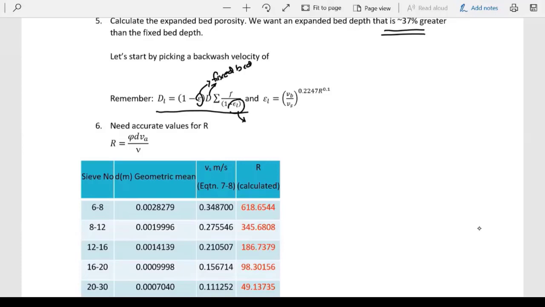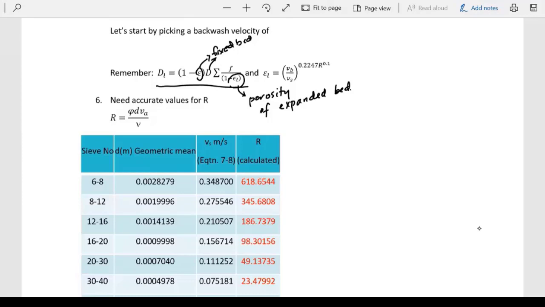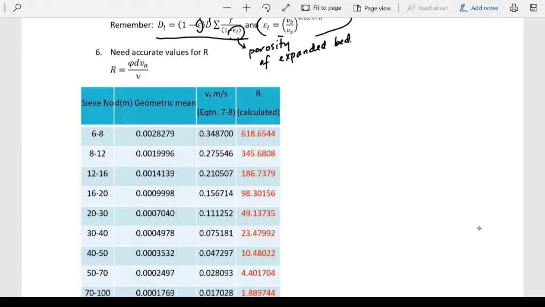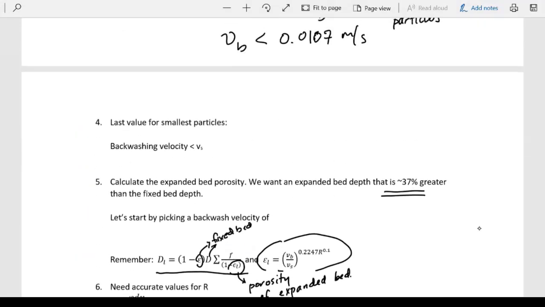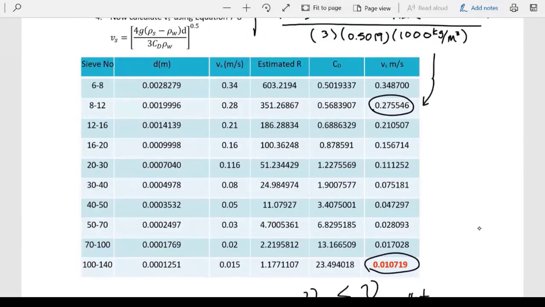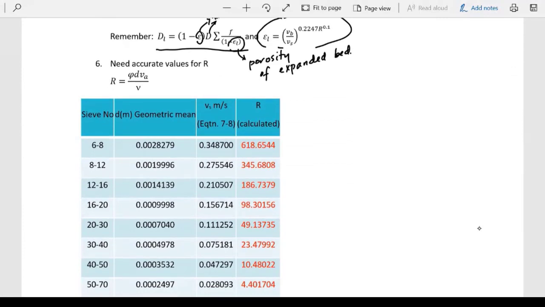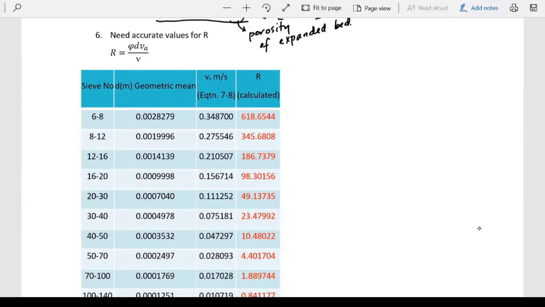This is the porosity of the expanded bed. And we calculate the porosity of the expanded bed using this equation right here. We need accurate values for R, so we'll use these calculated terminal settling velocities. So we're using the terminal settling velocities that we just calculated, and we'll calculate R as we've done before.